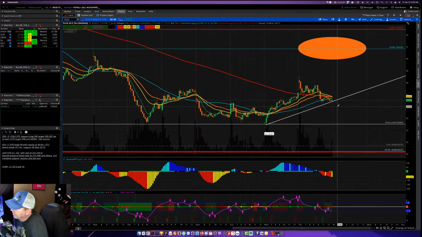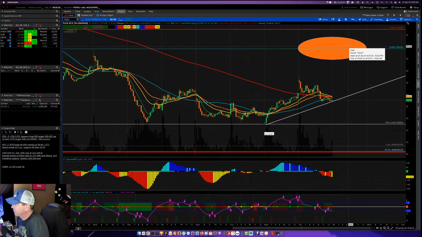It's going to really need something to straighten those out and get back in an upward movement. Like I said, this is a perfect 1 to 3 risk reward. We've got $1.50 downside risk. No, excuse me. We've got $2 downside risk, $3.50 or $4 upside.